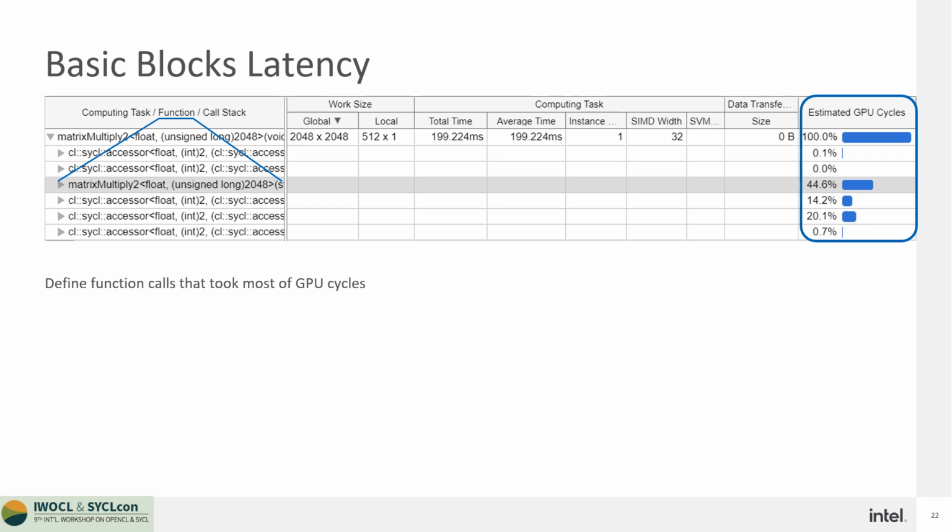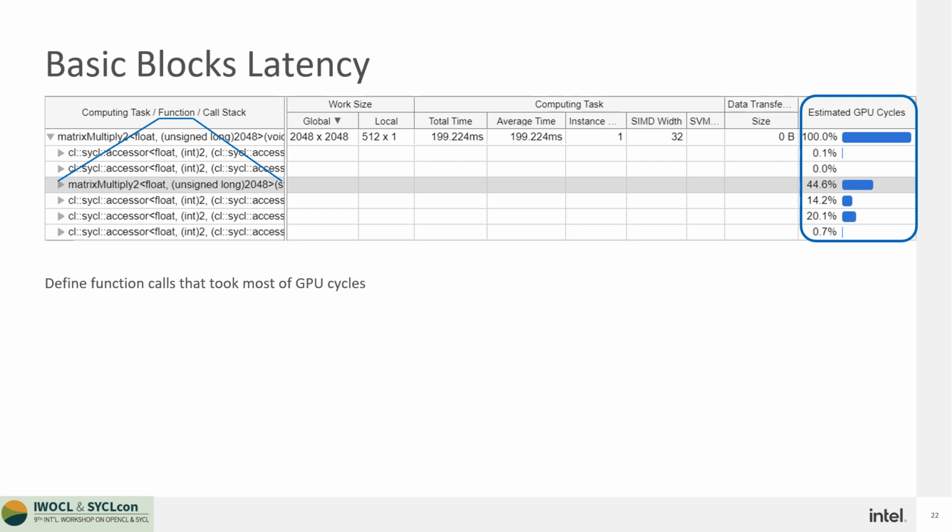When you want to understand which exactly portion in terms of CPU cycles of time and which function took most of the time inside your computing task, you'd be using the basic block latency analysis type in VTune.